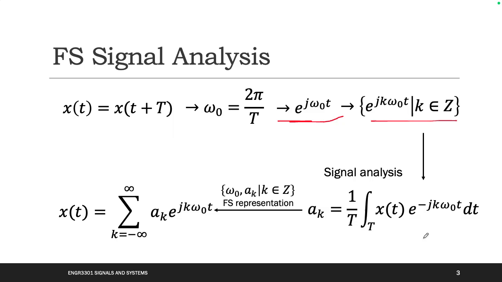But here, you will consider k omega naught t as a whole thing. You can represent this part in a polar representation, am I right?